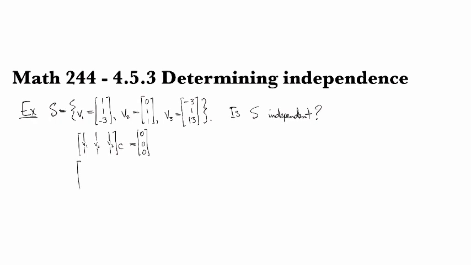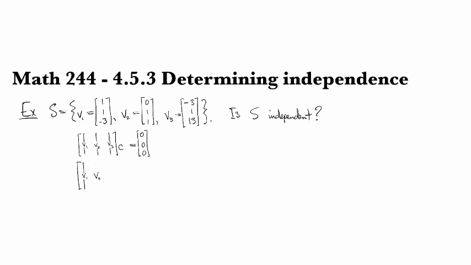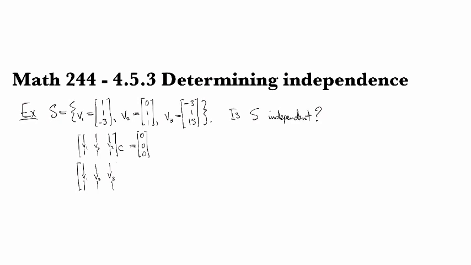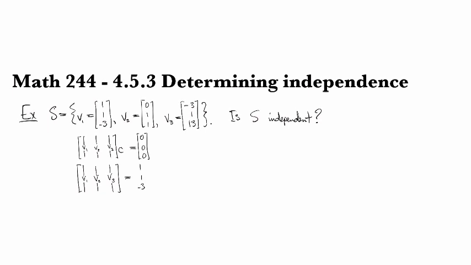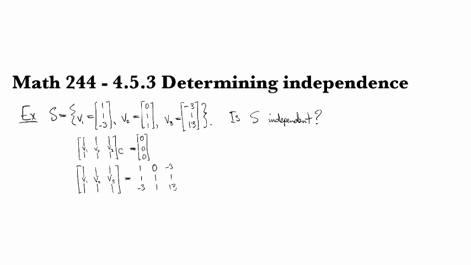Okay, so let's take the matrix that we find by putting in these vectors as columns. So we form that matrix, and this is going to be [1, 1, -3], [0, 1, 1], [-3, 1, 13].